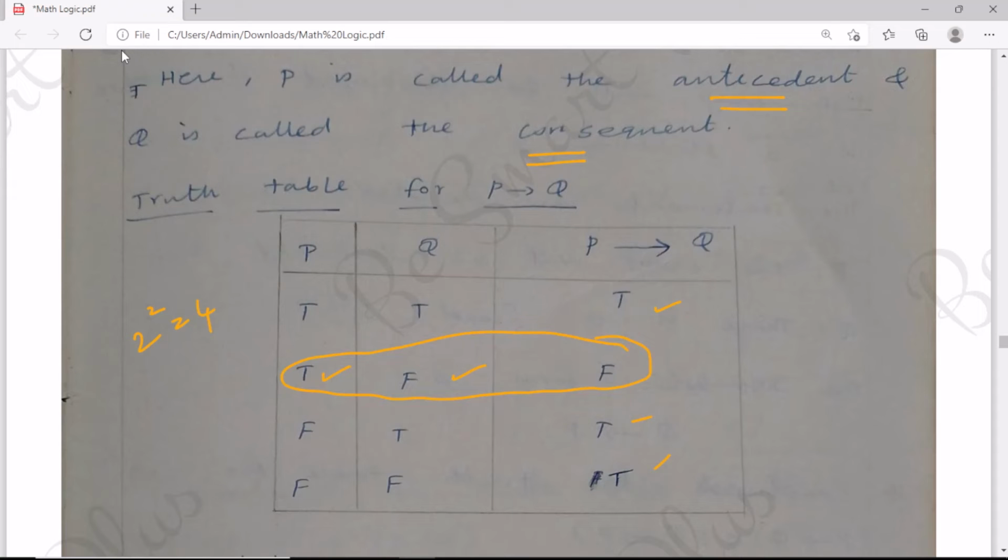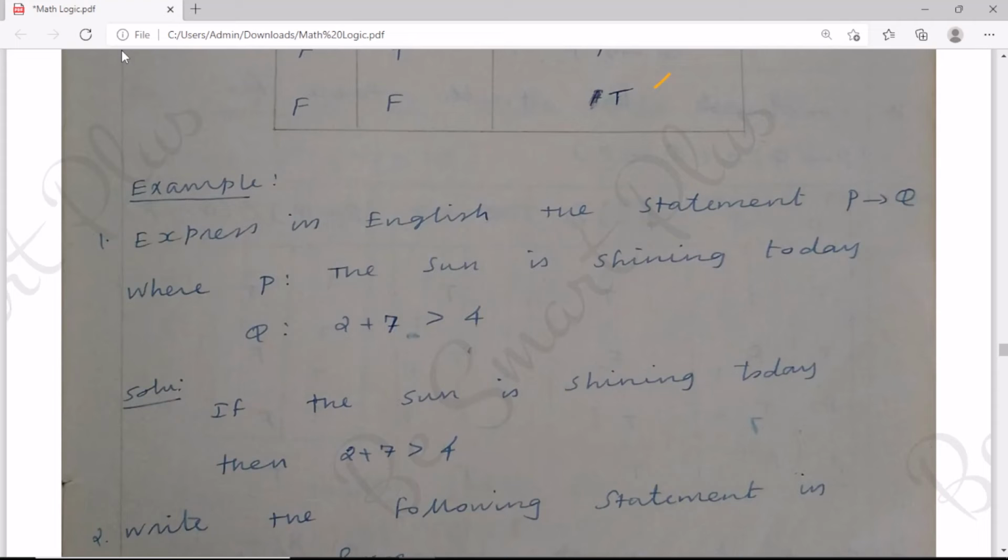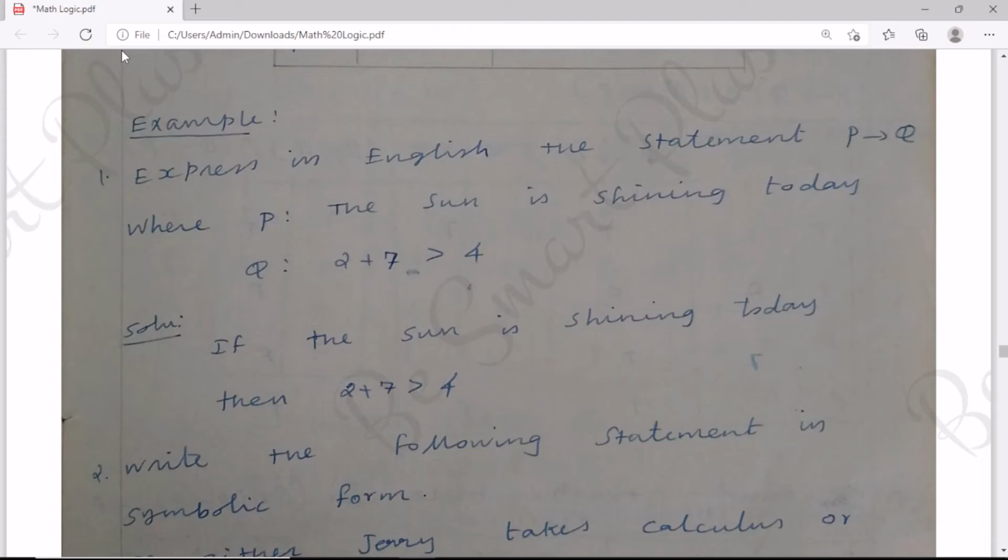Next, let me show you a statement which gives you a clear insight about the conditional statement. Example: express in English the statement P conditional Q, where P represents the sun is shining today and Q represents 2 plus 7 is greater than 4.